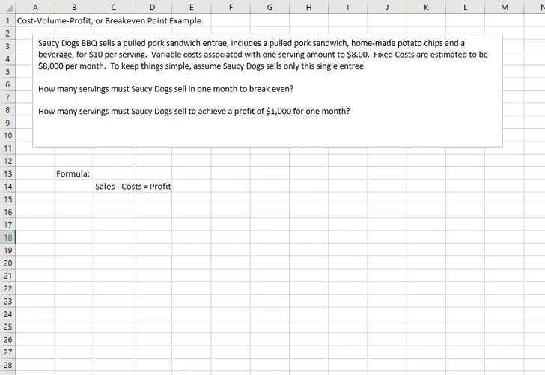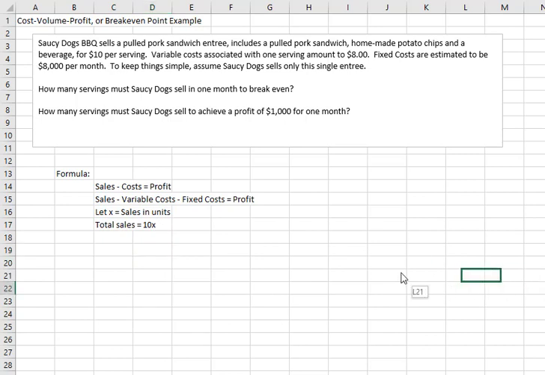Let's break this down a little bit more. Sales minus variable costs minus fixed costs equals profit. Okay? Now, let's say we let X equal sales in units. Well, if X equals sales in units, and we're selling these entrees for $10, total sales would be 10x.